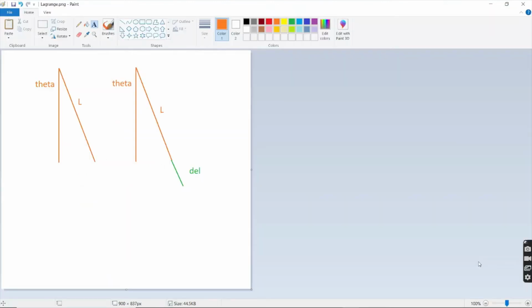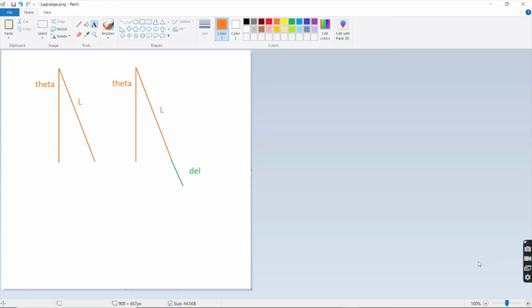Okay, this figure will help you visualize the gravitational component of the potential energy. It's just basic trig. It's the difference between the figure on the left and the figure on the right. The figure on the left shows the spring pendulum in its resting position, and the figure on the right shows it some instant later after it has expanded by del.